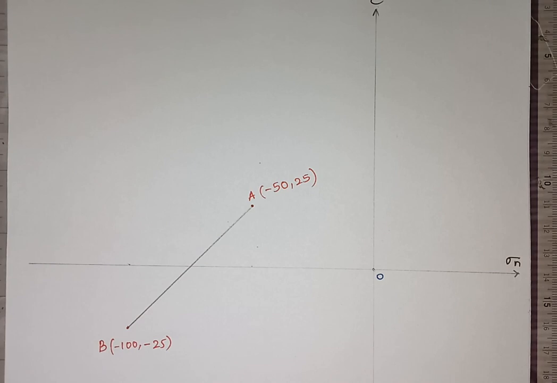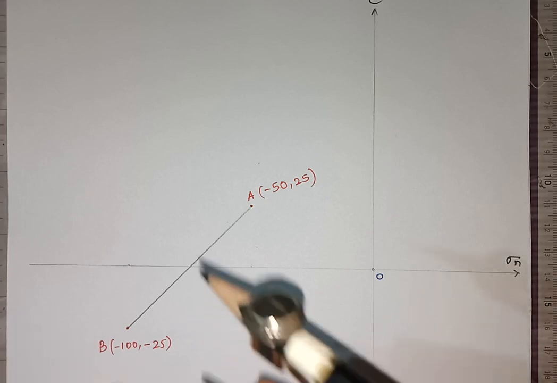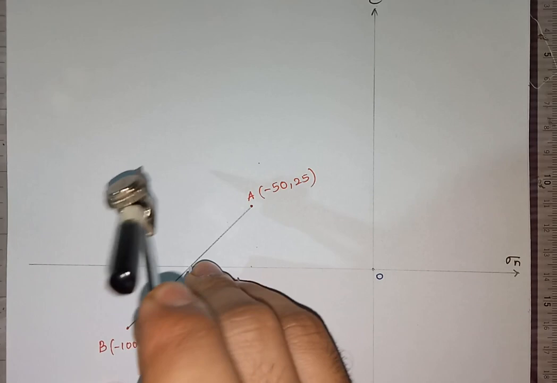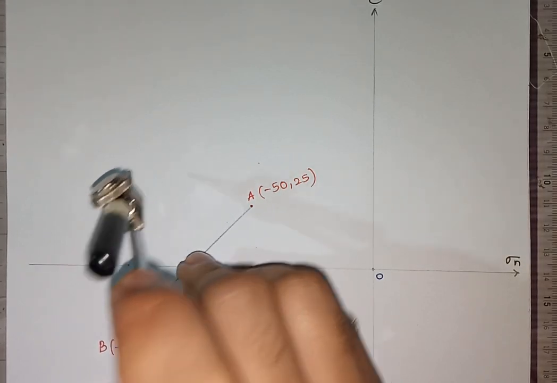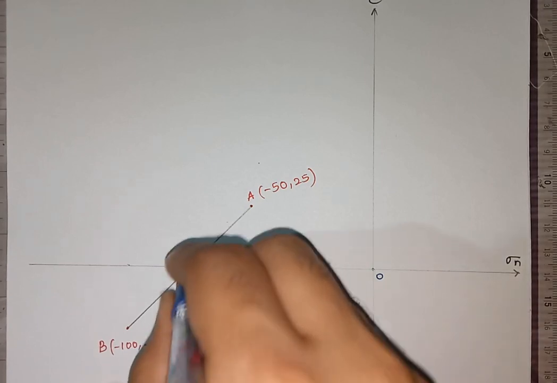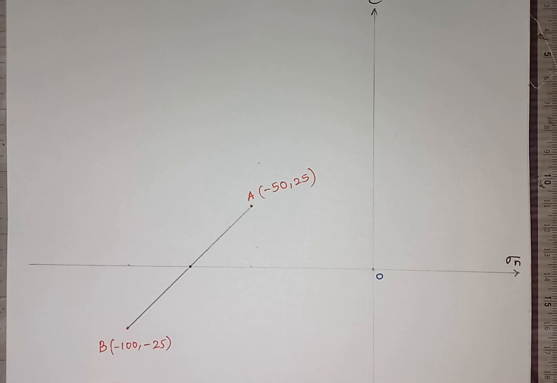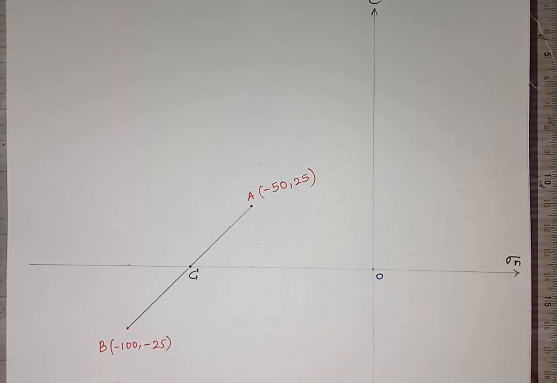Once I join A and B, the line AB intersects the sigma n axis at a particular point, and that particular point I call the center of Mohr circle. I'll denote it as C, right?